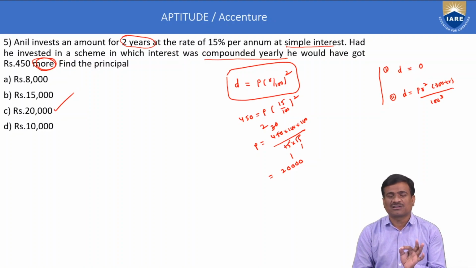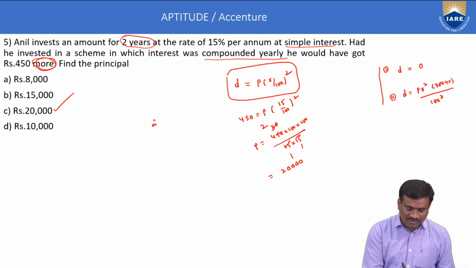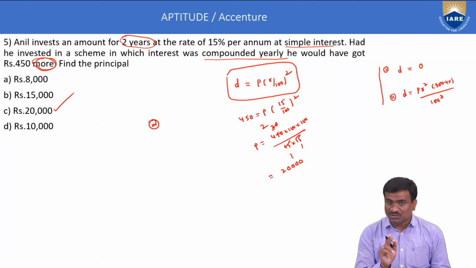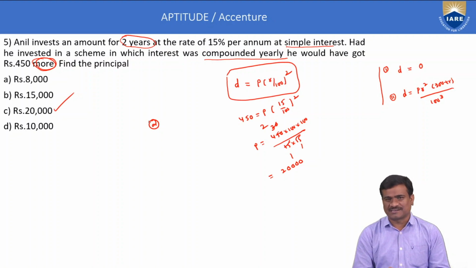This is the shortcut method; now the general method. Simple interest for 2 years is PTR by 100. Simple interest is not given, principal amount not given, time 2 years, rate 15% by 100. This is equation number 1. Second, the compound interest amount is P into (1 plus R by 100) whole to the power of T, with P not given and 15 for 2 years. This is equation number 2.